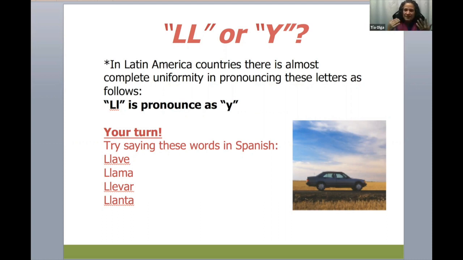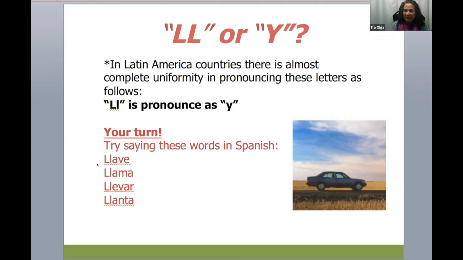We have different pronunciation for that. We also say llave, llama, llevar, llanta. We're going to try one more time.